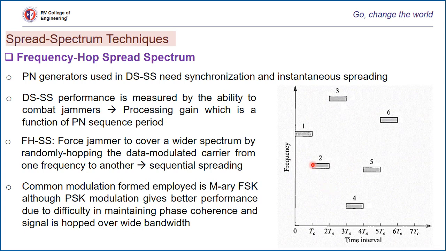The selection of frequency slot or slots in each signaling interval is made pseudo-randomly according to the output from a PN generator. This diagram illustrates a particular FH pattern in the time frequency plane. This is how frequency hopping happens with respect to individual symbol durations of time.